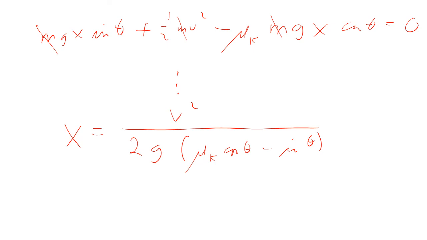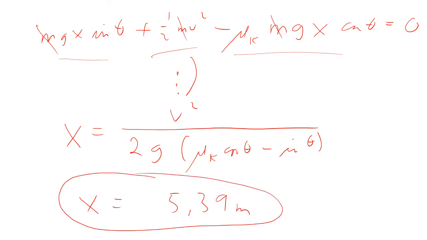So move all the x terms to one side of the equation, move the other term to the other side, and then isolate the x. You all know how to do algebra. You plug in the numbers, and this comes out to be 5.39 meters. It takes longer to stop going downhill.